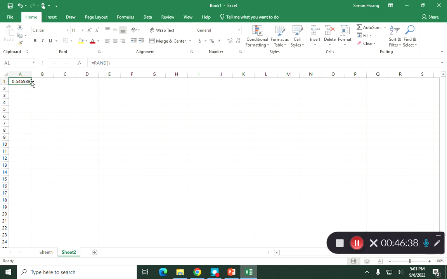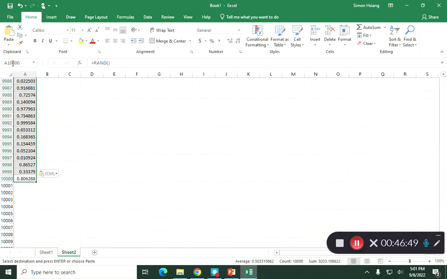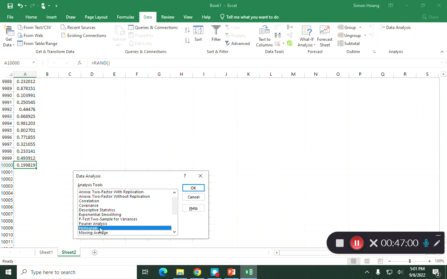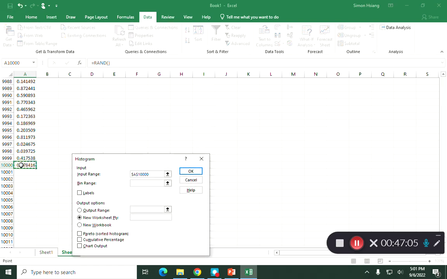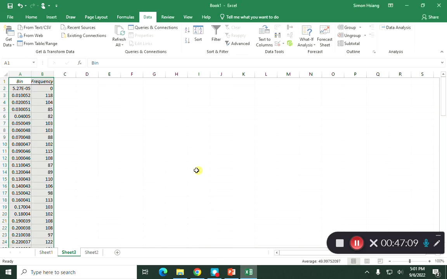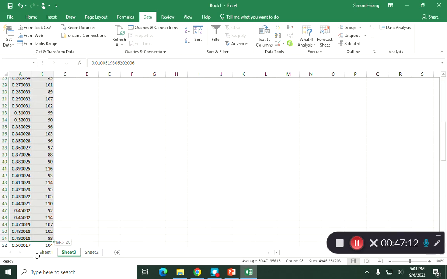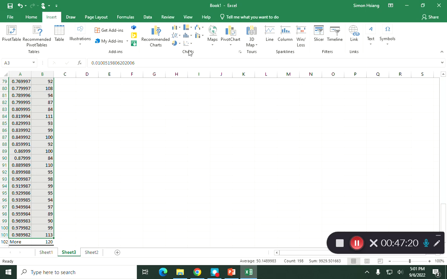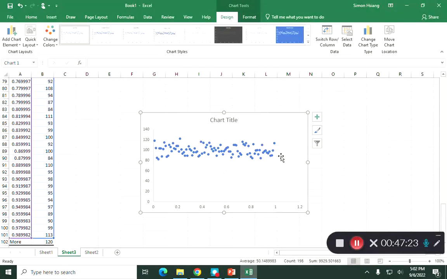If I have a set of random numbers, uniformly distributed, and I generate these random numbers 10,000 times, and take a histogram of this set of data, and look at the distribution, from 0 to 1 it's equal opportunity, right? You don't see a bell shape.